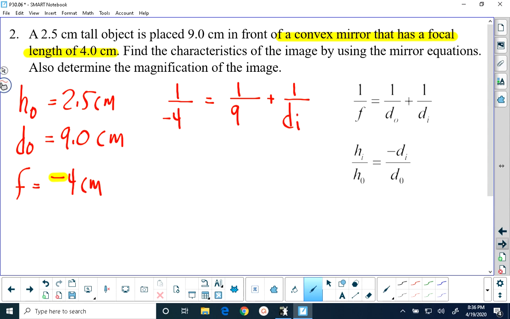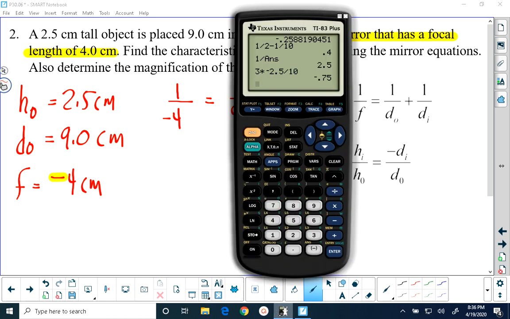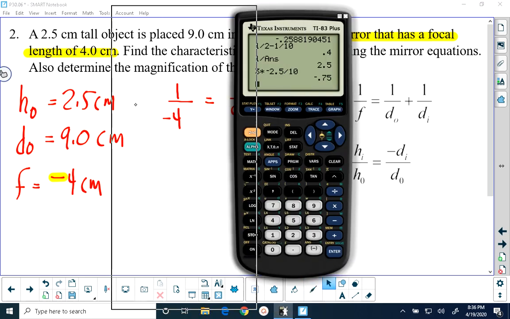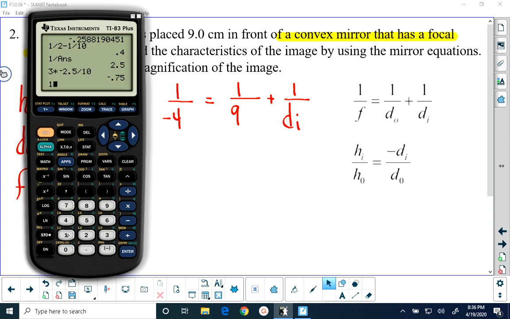So you're going to have to take 1 divided by negative 4, subtract 1 divided by 9, and then solve for di. Go ahead and do that on your calculator. I'm going to do the same thing on mine. 1 divided by negative 4 minus 1 divided by 9.